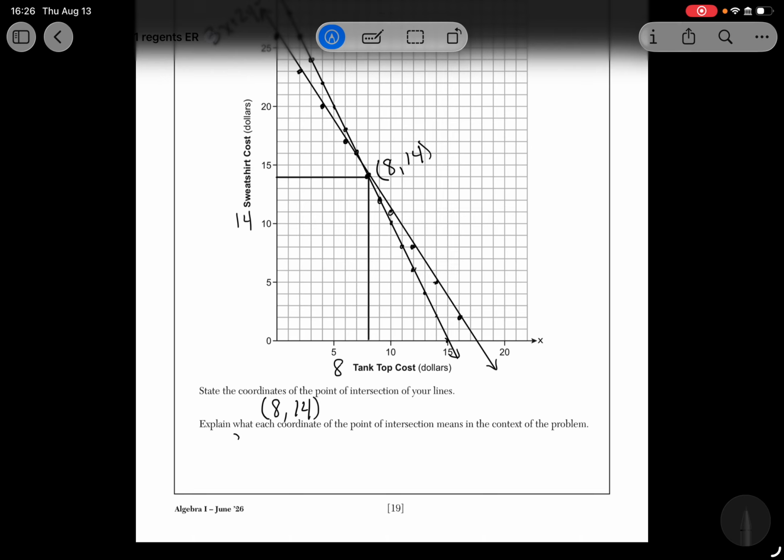So $8 is the cost of one tank top. And $14, same setup as the problem above, is the cost of one sweatshirt.